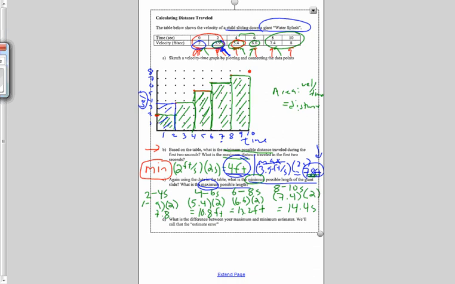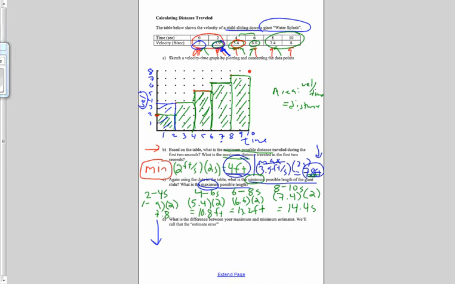So from 2 to 4 seconds, now we're representing our answer in blue. From 2 to 4 seconds, I had a 5.4 velocity, or in other words, let's choose this value.